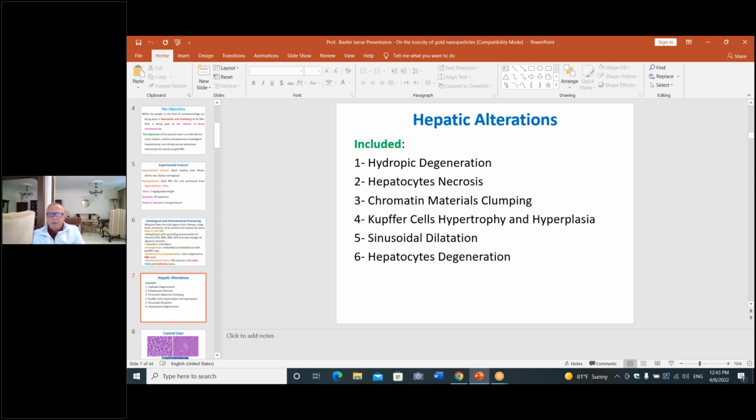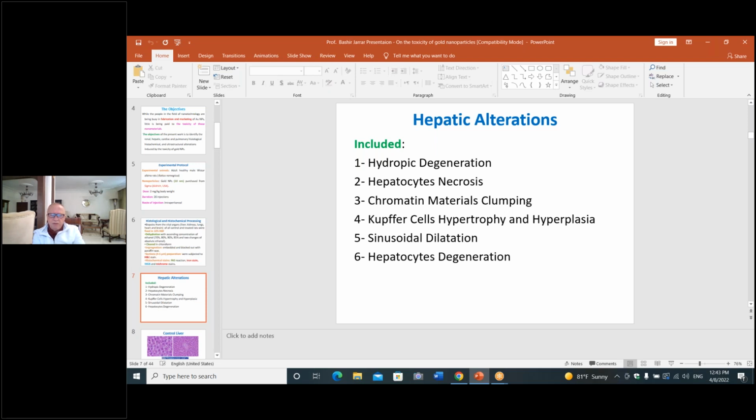Moreover, we found that these nanoparticles induced Kupffer cell hypertrophy and hyperplasia. They increased in number and they increased in size. Kupffer cells are defense cells. They engulf, they phagocytose the foreign materials that enter the body.